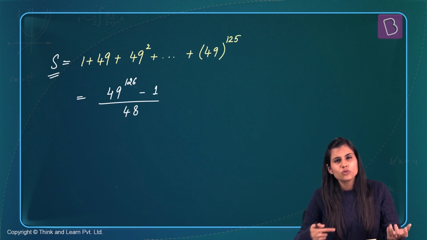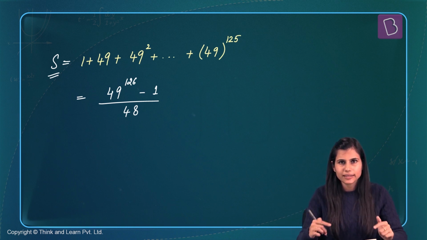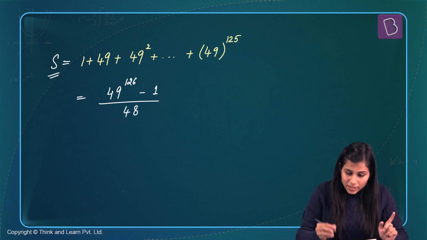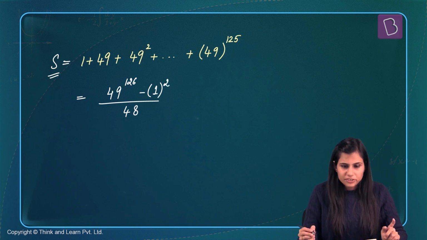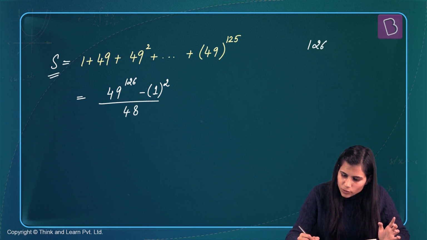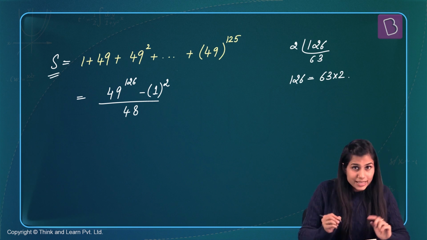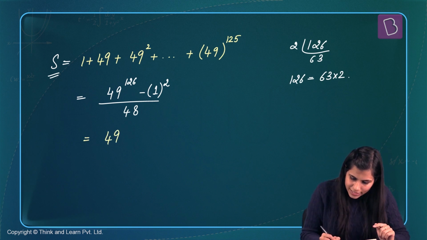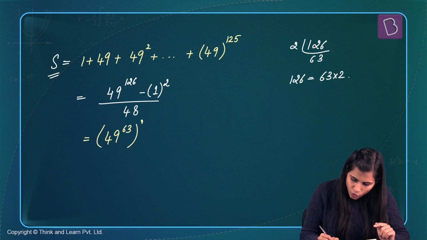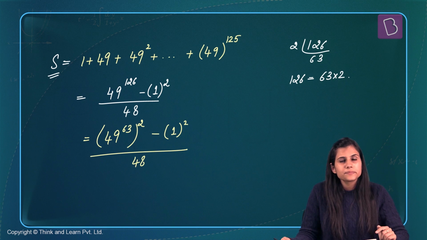Of course, I have to write it in terms of 49 to the power k plus 1. I don't have something like that in here. But I do realize that if I treat 1 as 1 square and 49 to the power 126, just try to factorize 126, you'll be able to realize this is 2 into 63. That means you can write 126 as 63 into 2, which makes you write this in the next step 49 to the power 63 whole square minus 1 whole square upon 48.